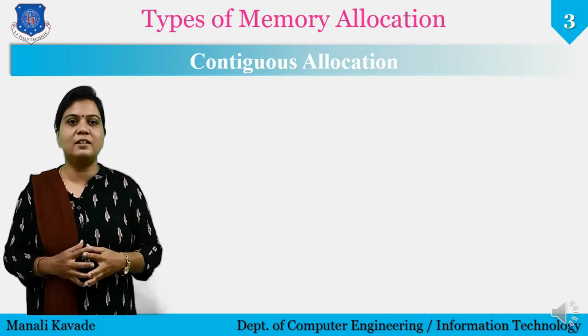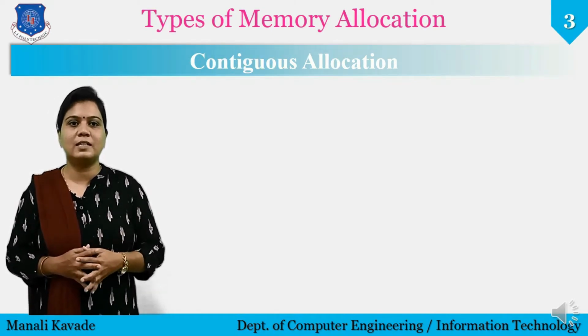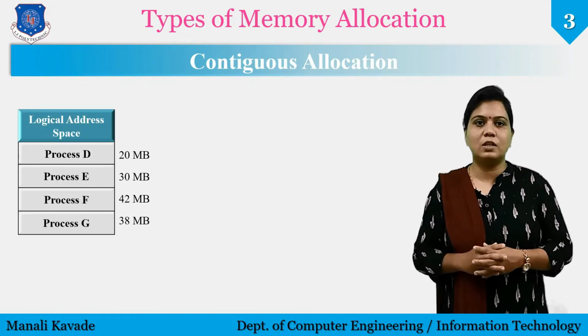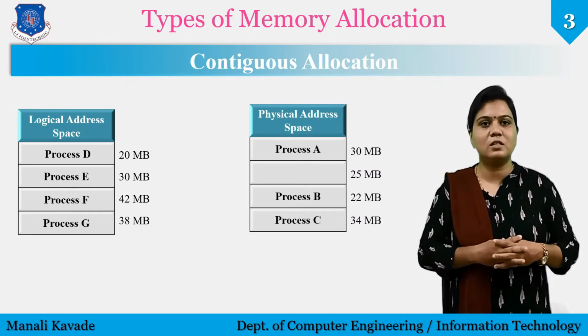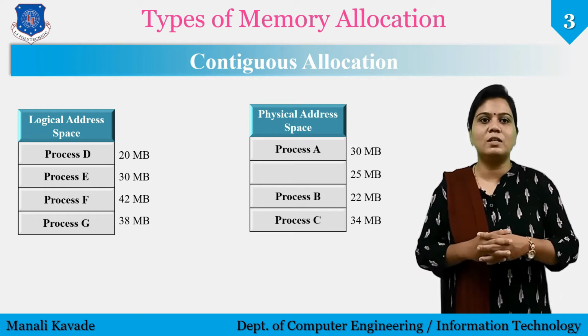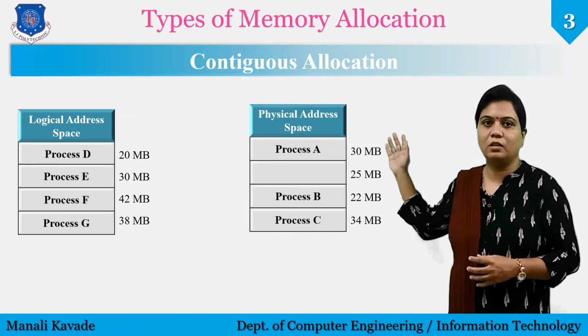So for better understanding, let's take an example. Suppose logical address space and physical address space is divided into various partitions. You can see the size of partition over here.